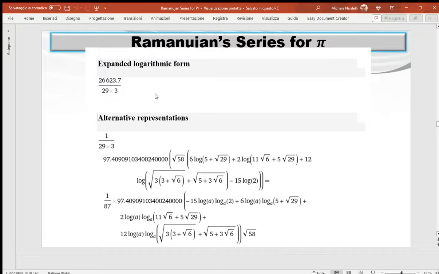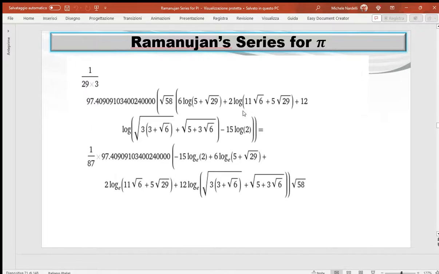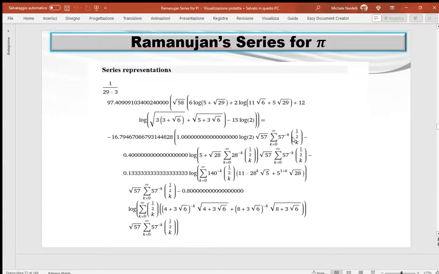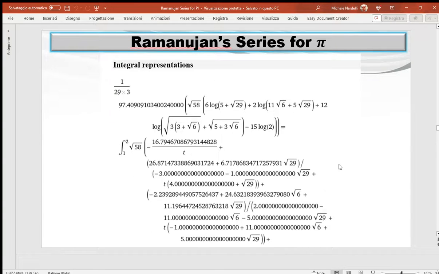Also here we obtain the expanded logarithmic form, the alternative representation, the series representation, the integral representation.